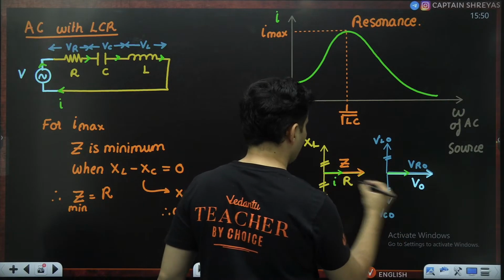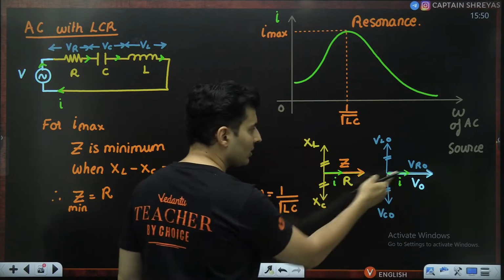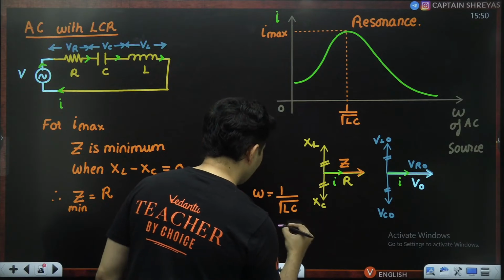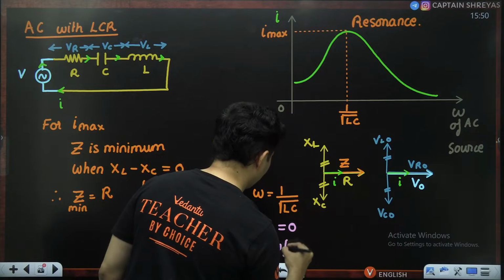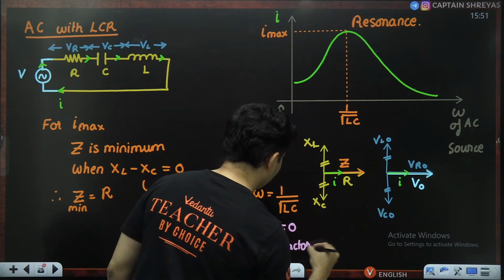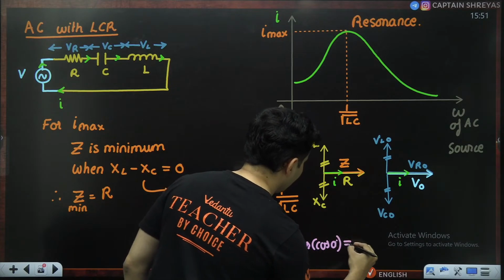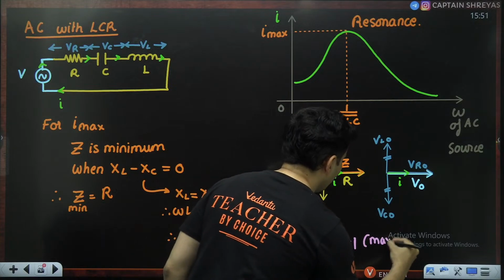That was your current. And in both the cases, what do you see? Phi will be 0 because voltage and current are in the same phase. Therefore, the power factor, which is cos of phi, which is cos of 0, will be equal to 1. And 1 is the maximum value of the power factor.